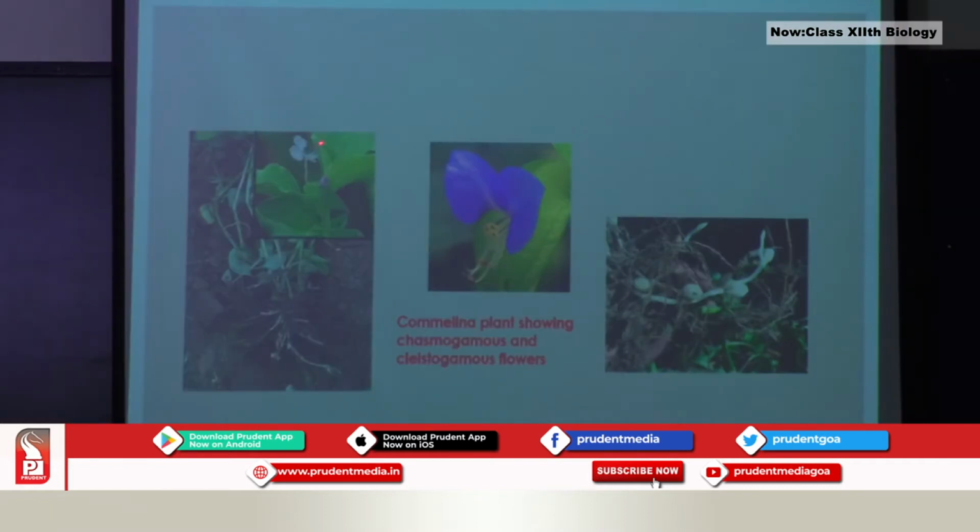As you can see over here, this is the same plant, the Commelina plant, but it bears two types of flowers. One is the open flowers called chasmogamous flowers, and the other ones are called cleistogamous flowers or closed flowers. This is the magnified view of the closed flowers, which are in their bud condition.